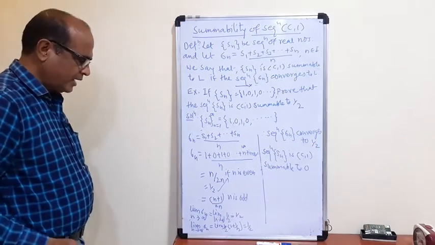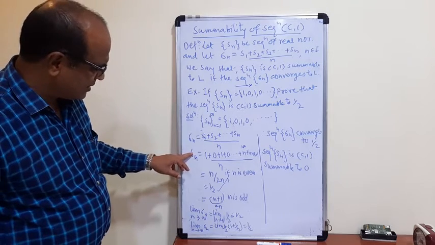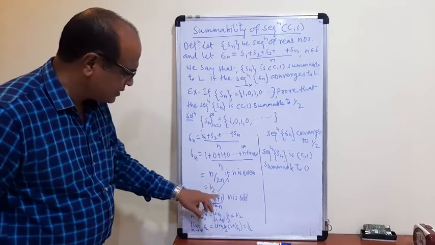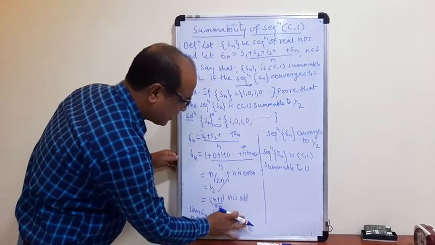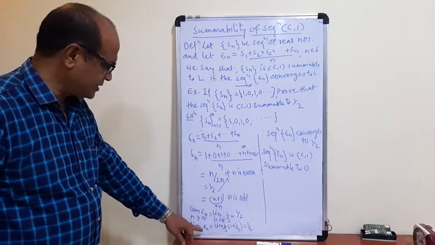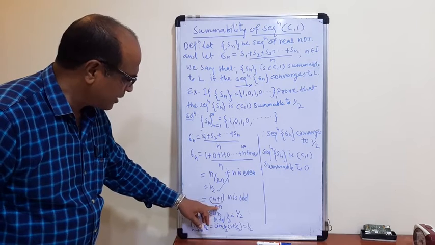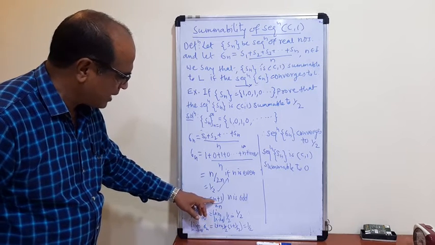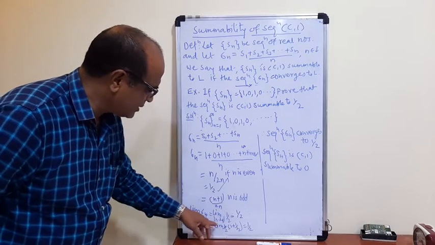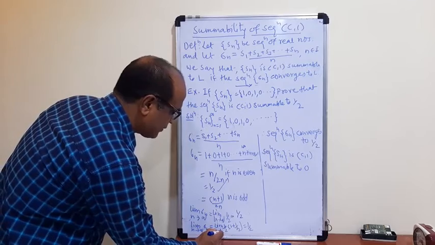So we see that the limit of sigma n is 1 half. Taking n odd, n plus 1 divided by 2n, dividing by n we get 1 half plus 1 upon n, and taking the limit as n tends to infinity we get 1 half.